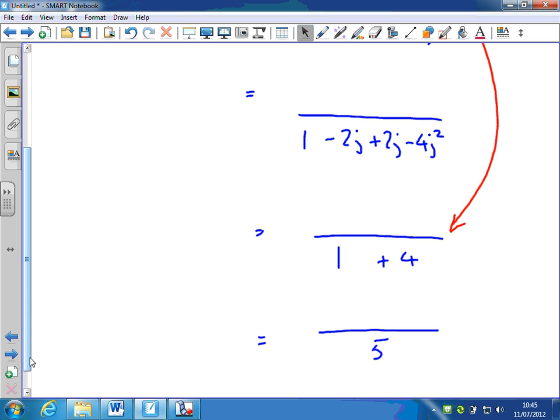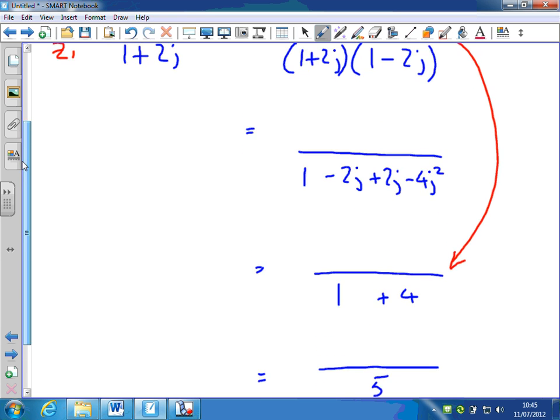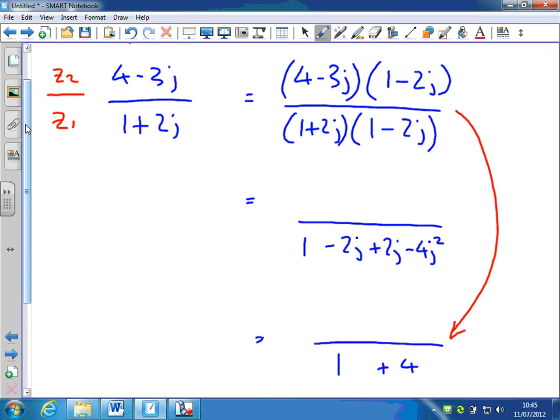So the top bit, what do we do for the top bit? Well, we multiply out the brackets. 4 times 1 is 4. 4 times minus 2j is minus 8j. Minus 3j times 1 is minus 3j. Minus 3 times minus 2j is plus 6j squared.